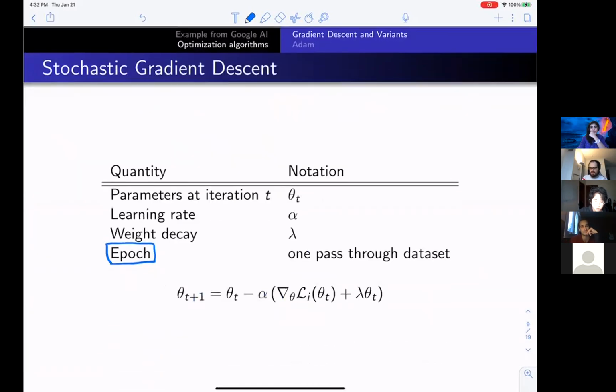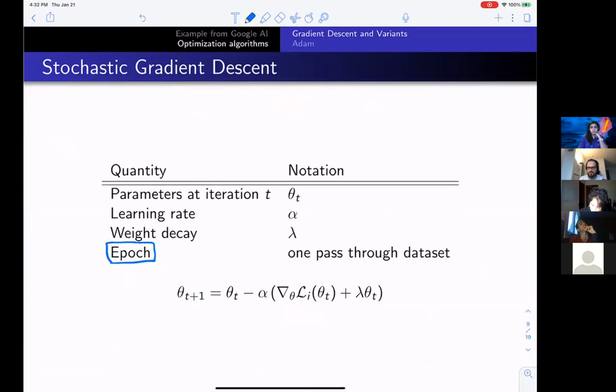So what people are doing in practice is called stochastic gradient descent. So what does the word stochastic mean? It means that instead of calculating the sum, or the average, I should say, of the gradients with respect to theta, you just pick a random example, just one example, and you calculate the gradient for that, right? And as a result, you get an algorithm which is called stochastic gradient descent. Stochastic in the sense that the example you choose is stochastic, or in the sense that the gradient can be thought of as stochastic.